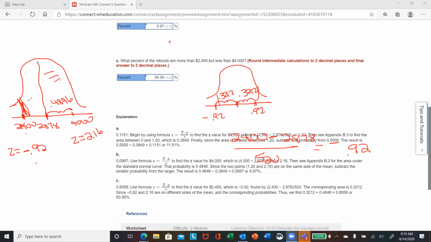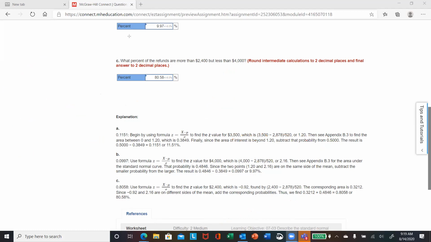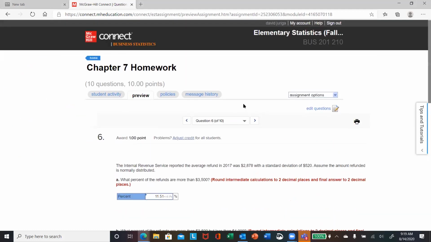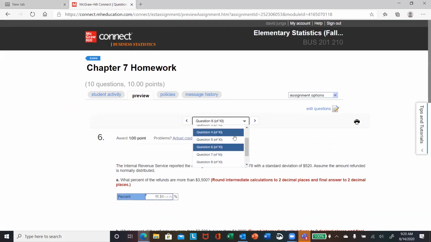So essentially this area is 0.3212. All you have to do is add those two together, and you're going to get 0.8058. And of course that would be your answer. They show that to you right down here in terms of what you're doing to get that particular area. Alrighty, so that is problem 6.